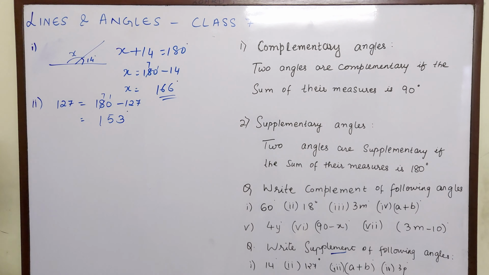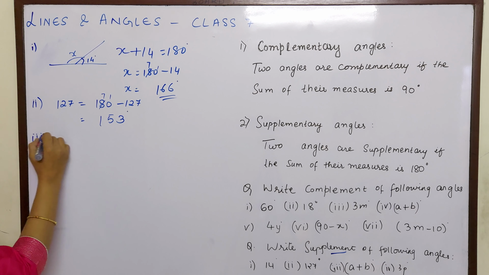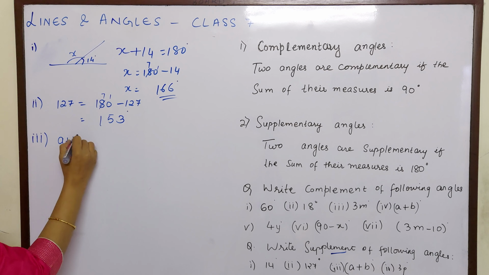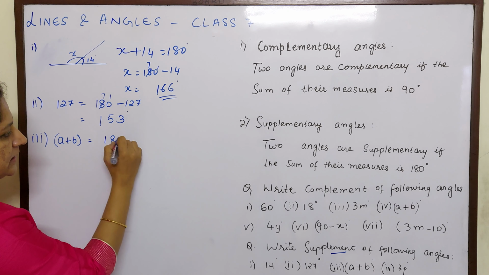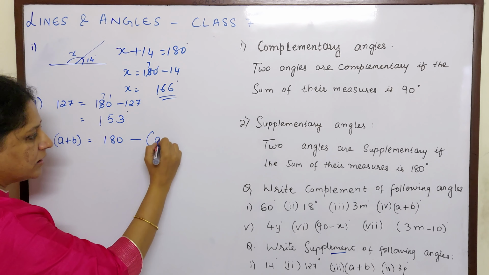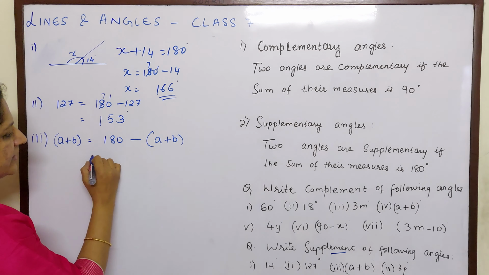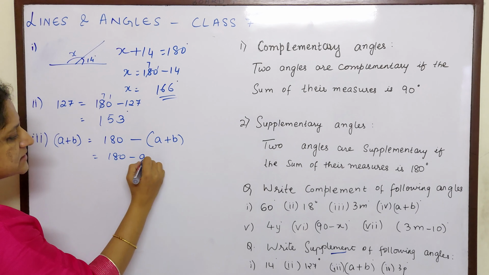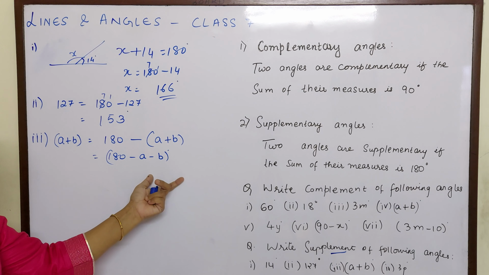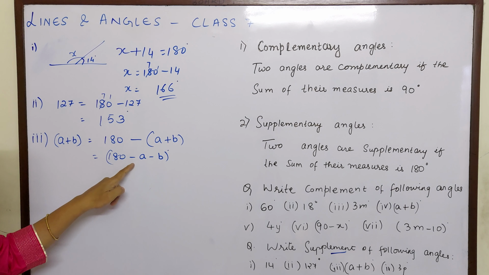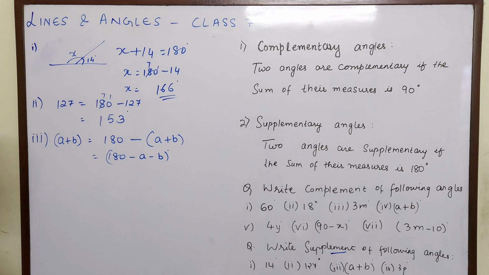Next, a plus b. This is a binomial, children, so we have to subtract the whole thing from 180. So 180 minus the bracket a plus b. When I open the bracket, the signs inside will change and we will be left with 180 minus a minus b.